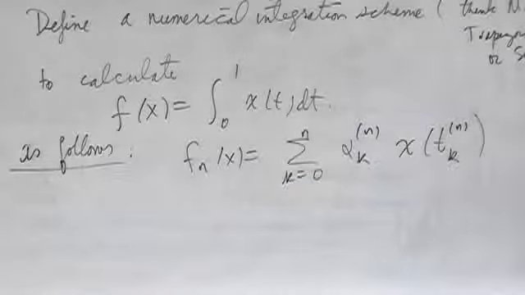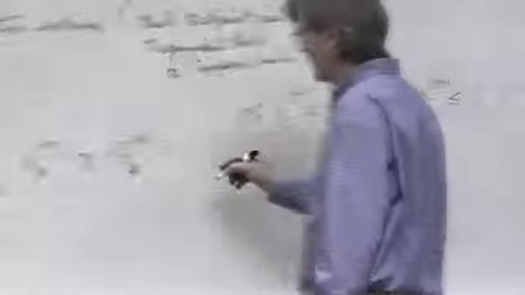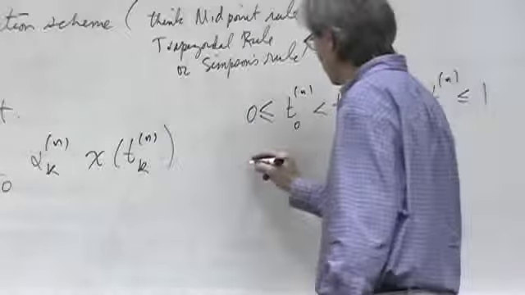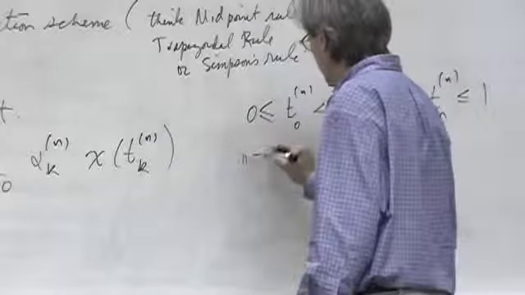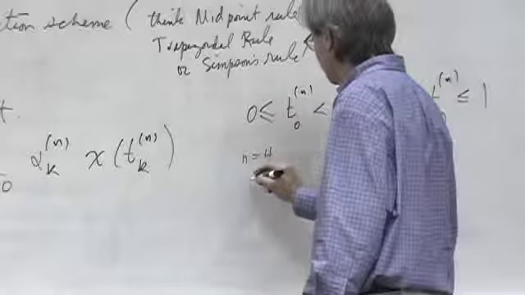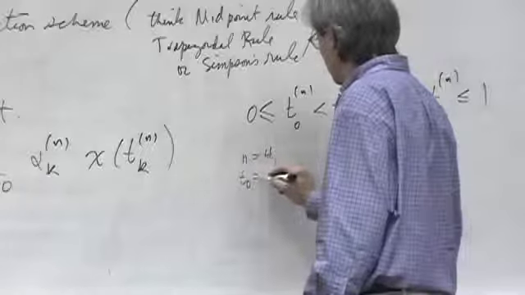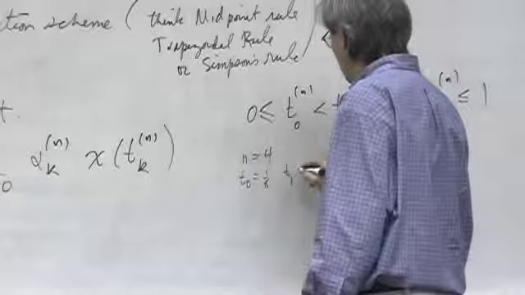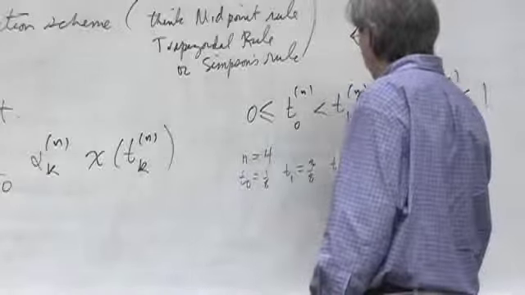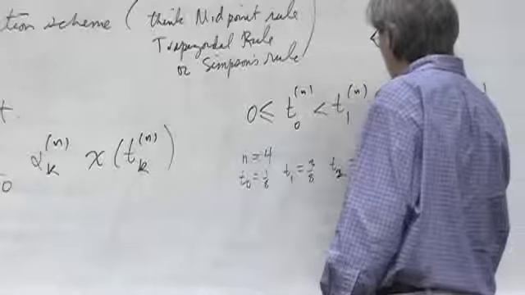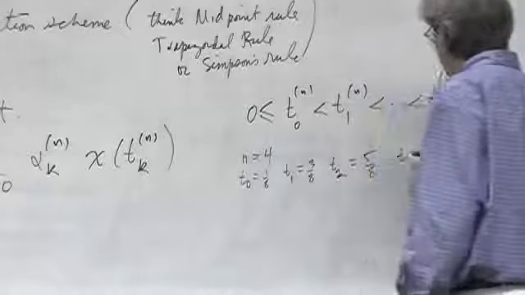So, for example, what would I have? He does something involving the length of the partition, but if I took, for example, n equal to 4, and t_0 equal to 1/8, t_1 equal to 3/8, t_2 equal to 5/8, and t_3 equal to 7/8.